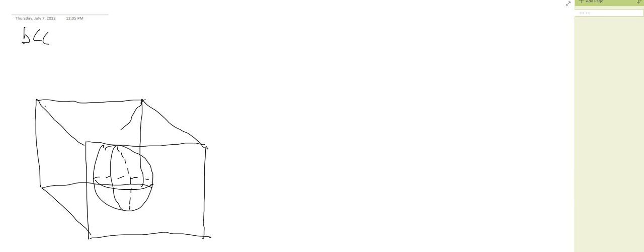Might be better if I make it a different color. It doesn't matter.